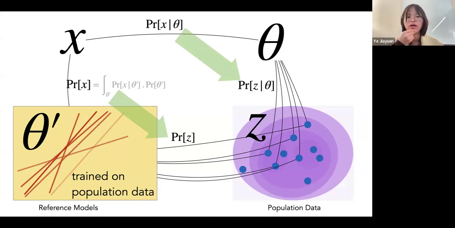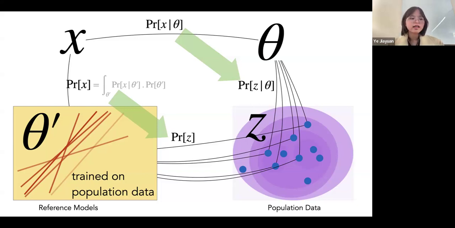That is, we are either comparing X and Z given the same target model theta, or comparing theta and theta prime given the same target data X. Meanwhile, if we use another layer of comparison between the two green arrows, we can aggregate these two information sources of reference model and population data together simultaneously.